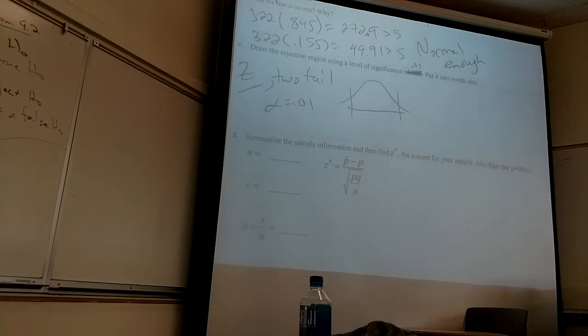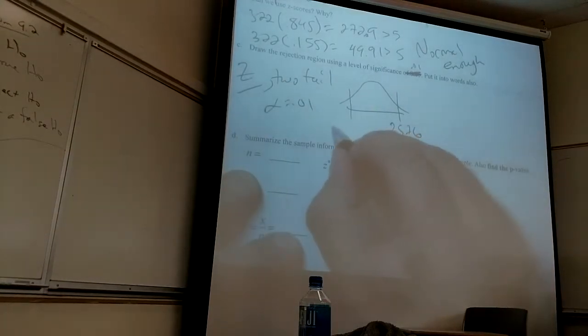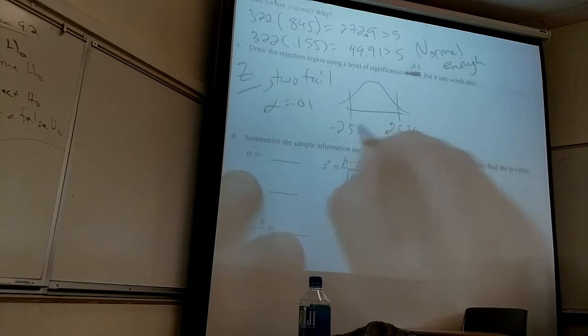Yep. So you can use a T-score chart, of course, because at the very bottom of the T-score chart are Z-scores. So if you look at 0.01, 2-tailed test, that should be the first column, right? At the very bottom it says 2.5, so it's going to be 2.576 and negative 2.576.